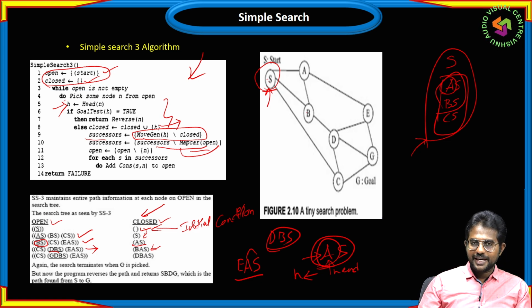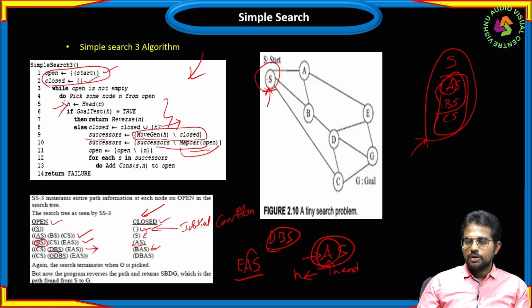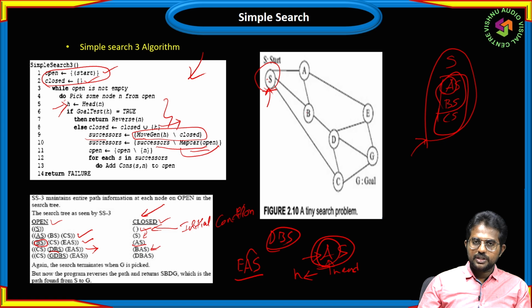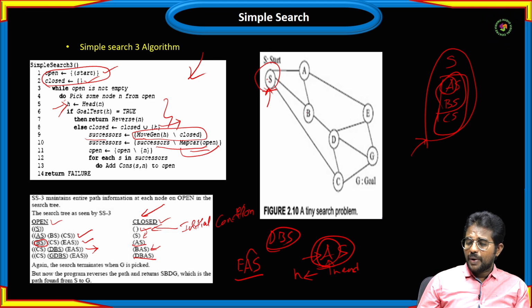So D will be extracted, and the goal test condition is applied on D. The goal test was a failure because D is not a goal node. So I will move D to the closed data structure. After that, I will apply the move-gen function on D. If I apply move-gen on D, we will get B, E, C and G. So these 4 nodes will be coming.